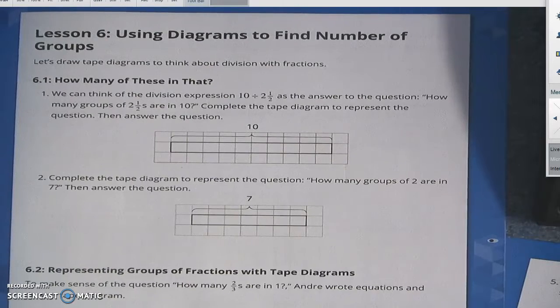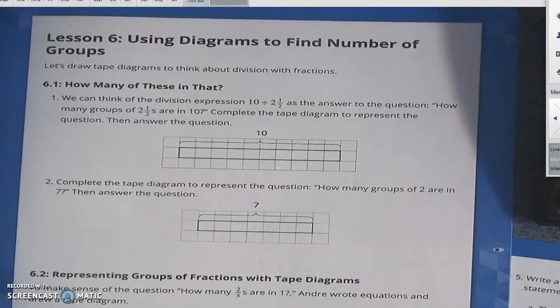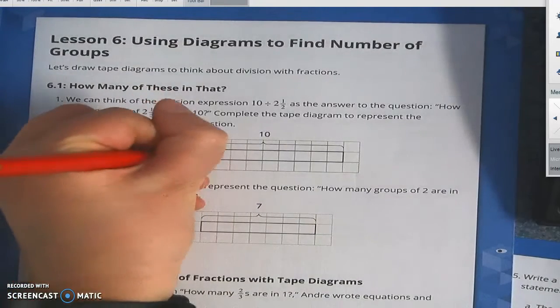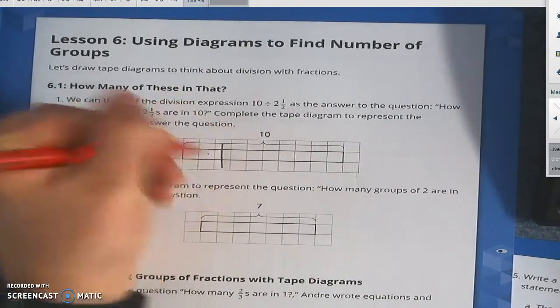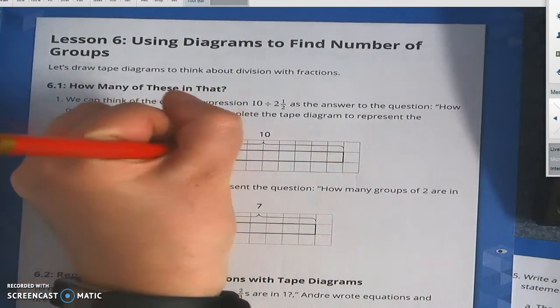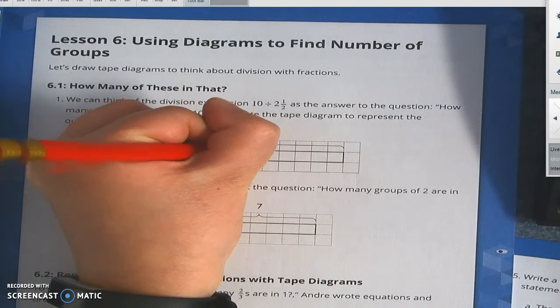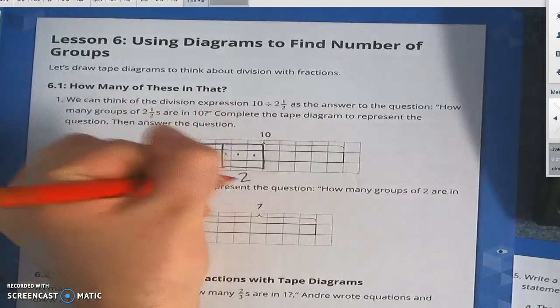So I want to take 10 and split it into groups of 2½. So here's 1, here's 2. I'm going to split this one in half. So that's one group of 2½. Here's a 1/2 and a 1 and a 2, so that's another group of 2½.